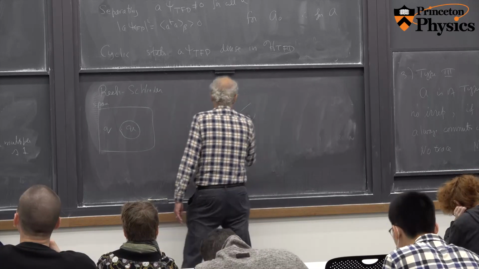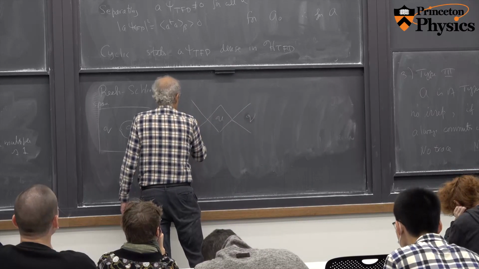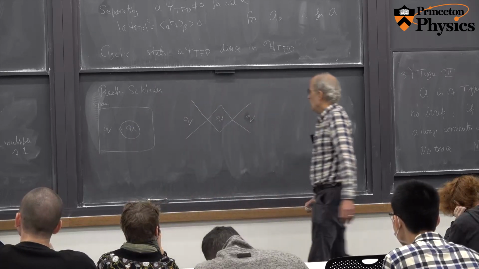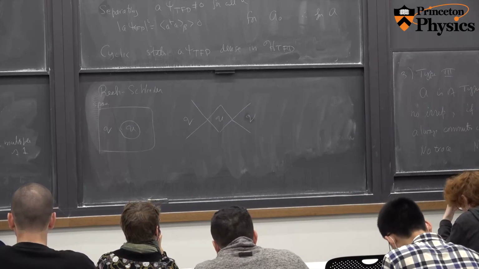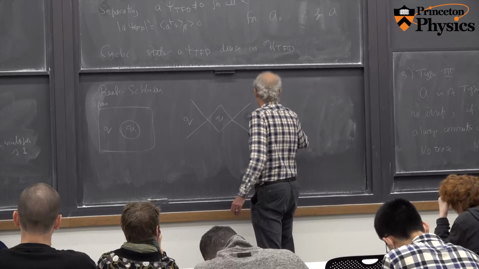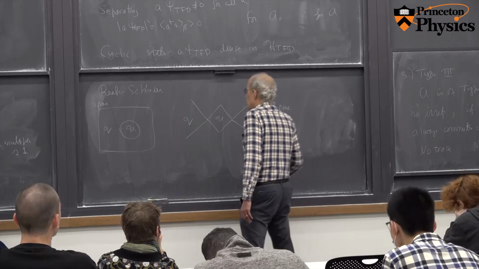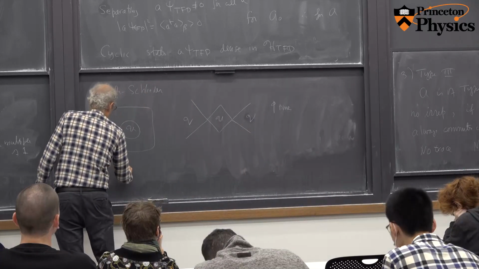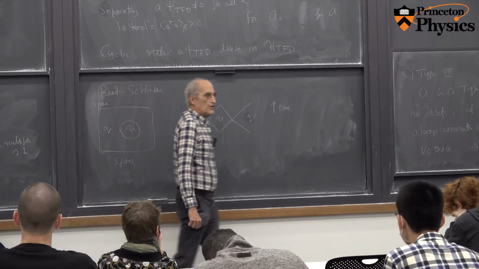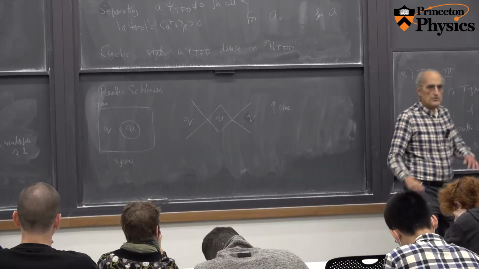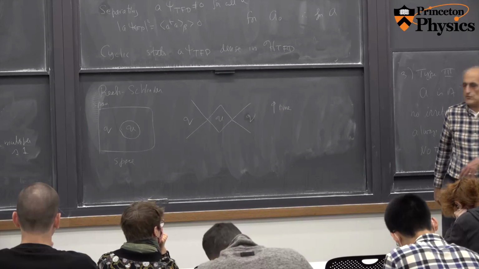In the space-time picture, the two regions are space-like separated. So U is some region, the domain of dependence of U in this picture. This picture is only space, only space because initial data can be formulated independently at different regions of space.